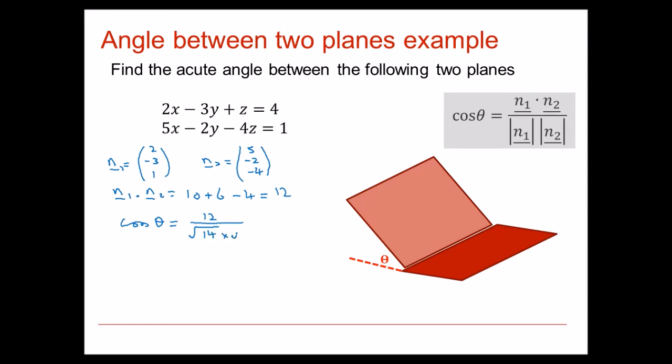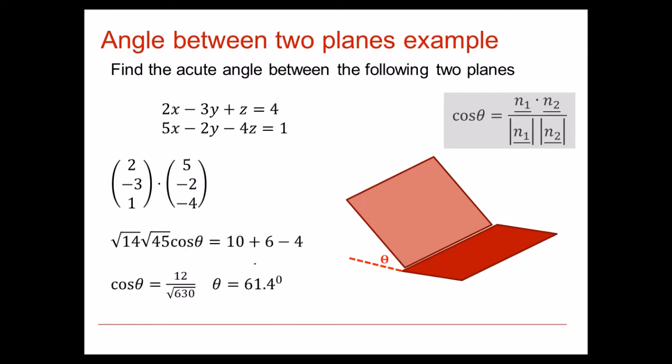And the magnitude of n2, using 5 squared and 2 squared and 4 squared, is root 45. And therefore theta is 61.4 degrees. Notice we're in degrees to 3 significant figures. And there we can see the method in a little bit more detail.